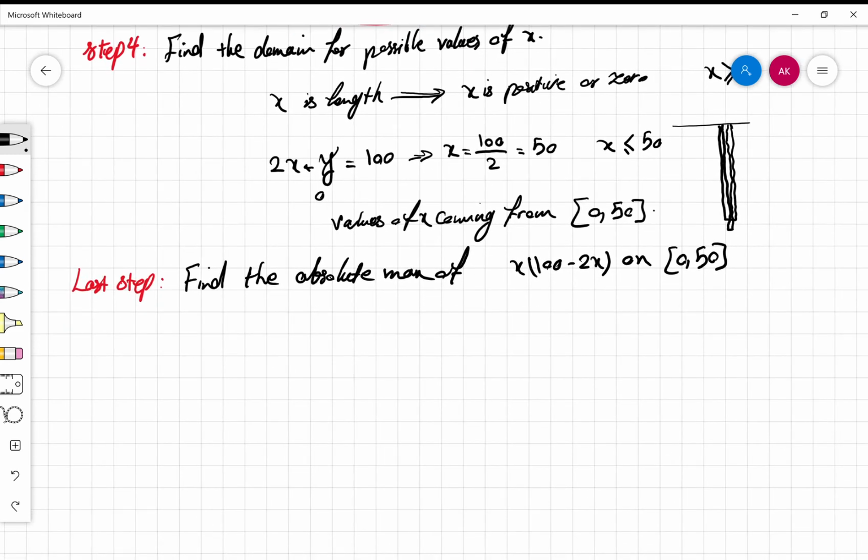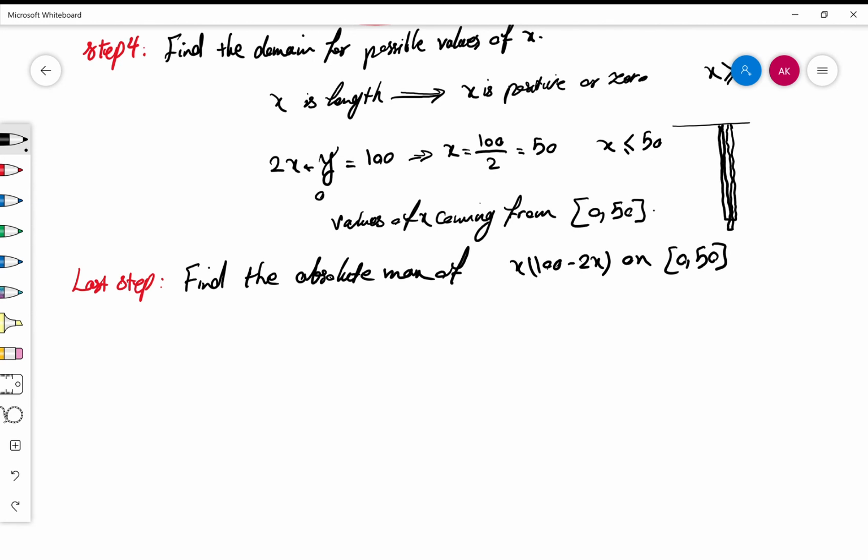So it means what? We have a function A of x and we have a closed interval. We know that we will always get an absolute max and min. To find the absolute max and min, we need to find first the critical points. In this case, find the derivative.